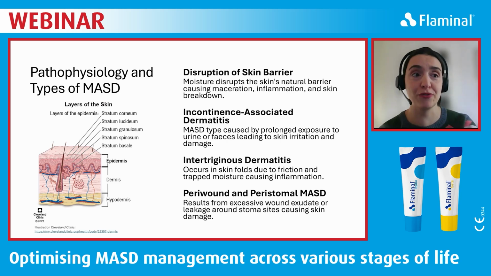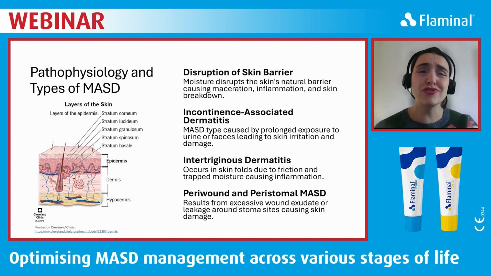It's a bit of a mouthful, but it occurs in skin folds due to friction and trapped moisture, so this is due to sweat. Then there is peri-wound moisture-associated skin damage, which develops from excessive wound exudate. And the last one is peristomal MASD, which develops around stomas due to leakage. And really, none of them should be underestimated, as they can be incredibly painful.